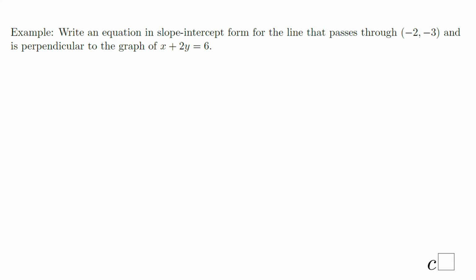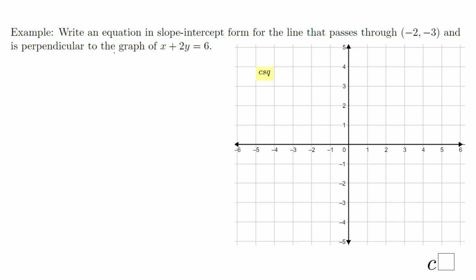Write an equation in slope-intercept form for the line that passes through negative 2, negative 3, and is perpendicular to the graph of x plus 2y equals 6. So let's do kind of the same thing. Approach it graphically first. If I make x is 0, y will be 3.